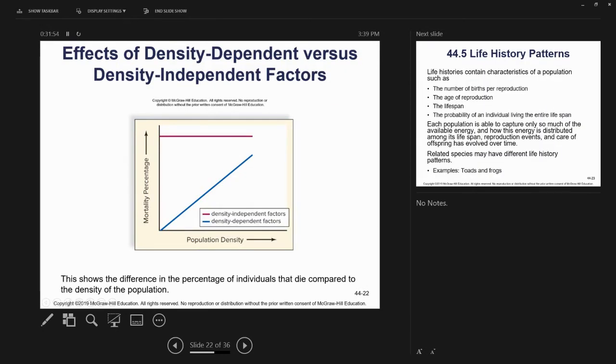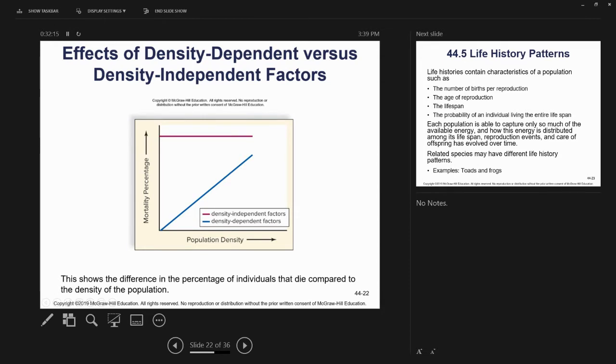So if we look at density-dependent versus density-independent factors, what percentage of the population would die? What's the mortality percentage given these factors? Here this shows density-independent factors. I don't care what your population density is.